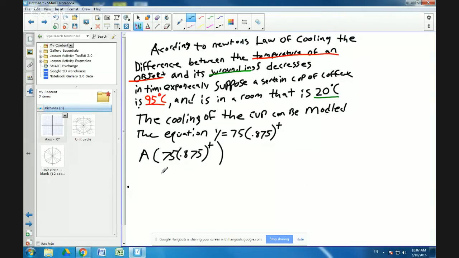Our first step is going to be plugging in time. So 75 times 0.875^15. We're looking for the temperature of the coffee after 15 minutes. And now we're going to multiply it out.